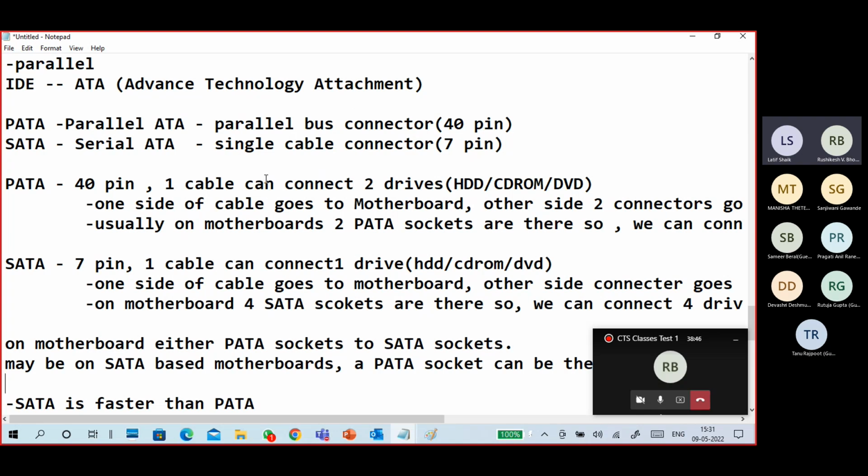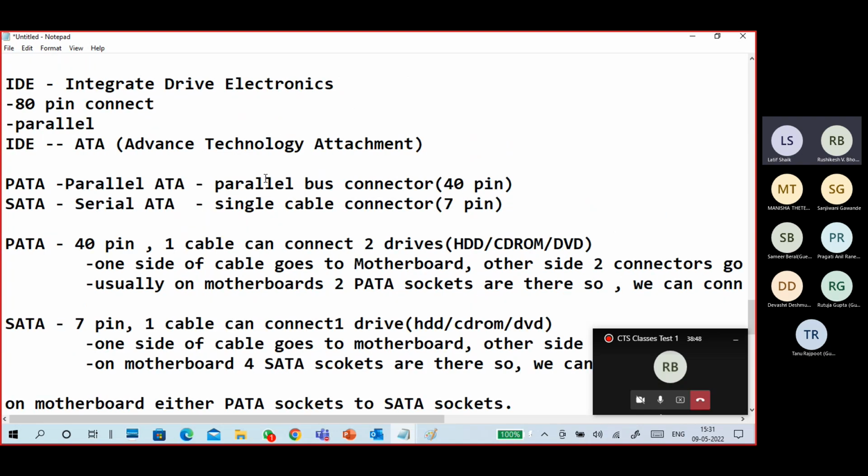Important thing again, guys: IDE, Integrated Device Electronics, is the technology to connect the motherboard to your disk drives. IDE was further developed into ATA technology, Advanced Technology Attachment, for transferring data from your motherboard to your hard disk. In ATA, two technologies came: first PATA, second SATA. PATA is parallel communication.